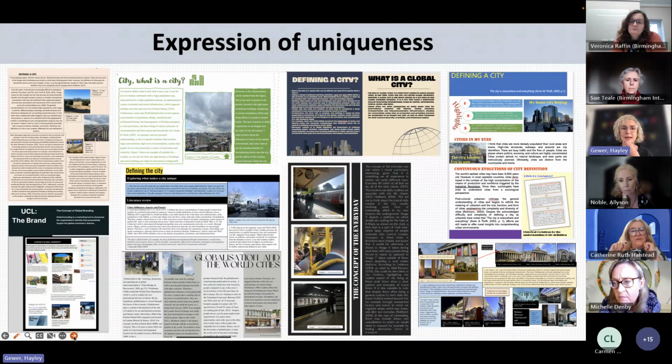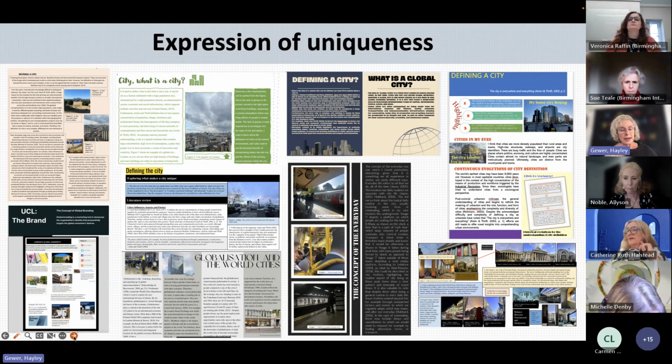And so what we're seeing here is that each portfolio is an expression of the student's agency and their meaning making, and that having complete freedom in terms of design and creating content allowed the students to experiment and to express their own understanding of the module, but also of their place within the module.